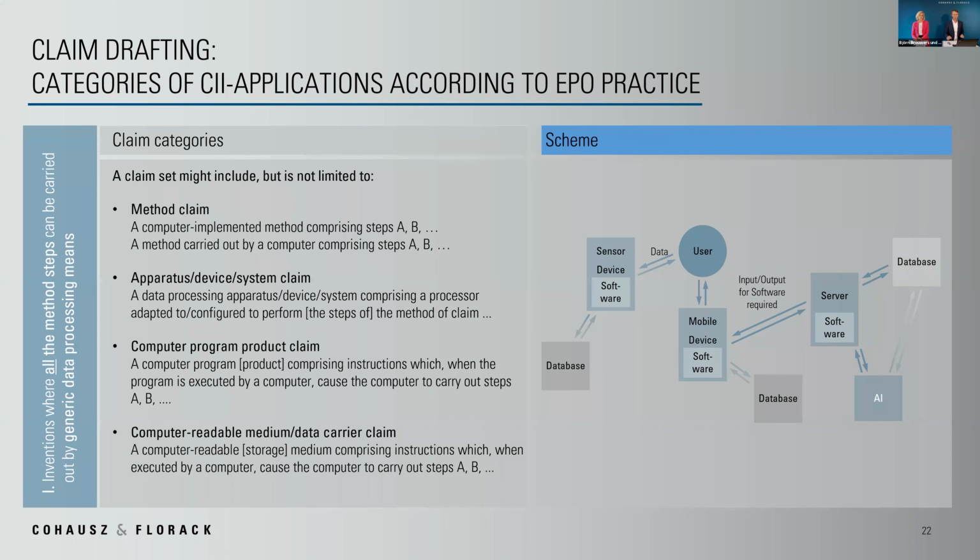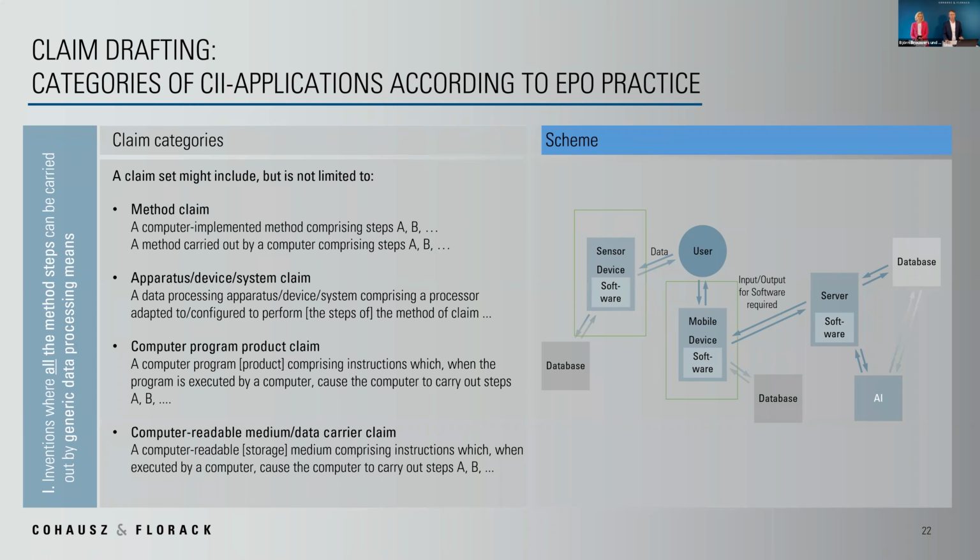Of course, like we mentioned earlier, the system claim is quite an important one, which ties together different apparatuses and their interaction with each other. And we always try, in the first step, to claim the methods in a really general way. Personally, I like to do just a simple method comprising all of these steps, or the apparatus comprising means to perform the steps.